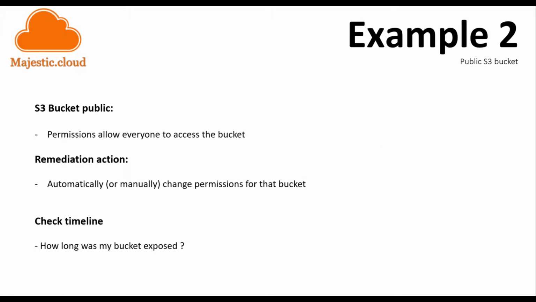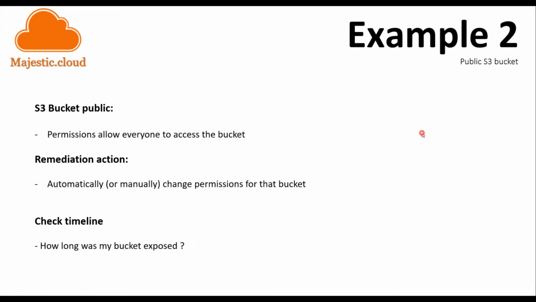This remediation process uses AWS Systems Manager to bring your resources back to compliance. In this case, the buckets. You can also go in and remediate manually the resource. We will also go through this scenario in this video a little bit later.